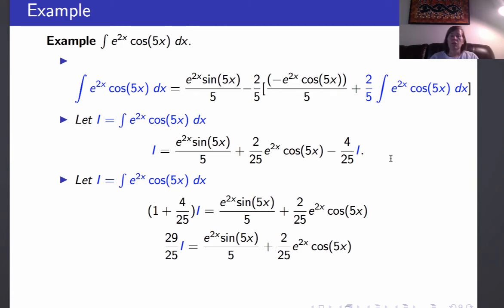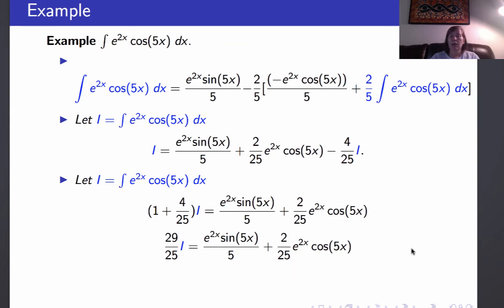So doing that, on the left we get 1 plus 4 over 25 times I, equals this reasonably complicated looking function in x, but nevertheless it's an explicit function of x. And on the left hand side we have 29 over 25 times I equals this function of x on the right.